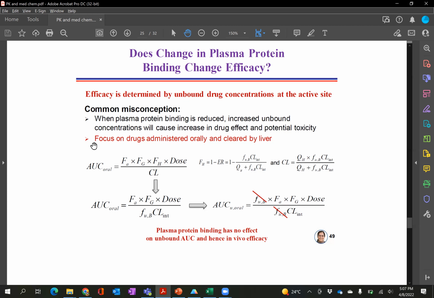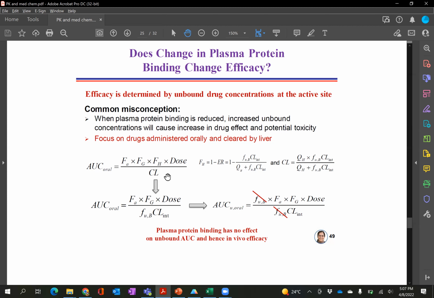So if you do the AUC for the unbound portion, for the AUC oral, it's F times dose over clearance.